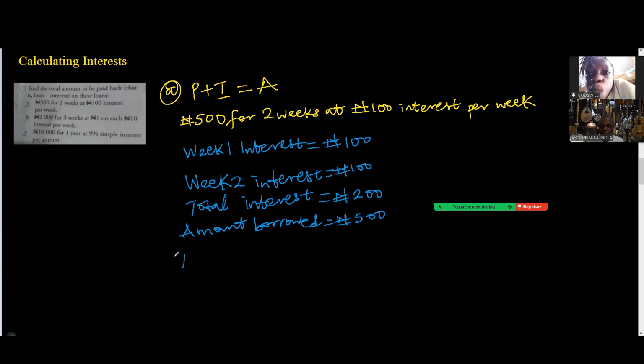So total to be paid will be this plus this, which is the amount you borrow plus the interest for the 2 weeks. And that's going to be 700 naira. Is that clear? How did you get 200?